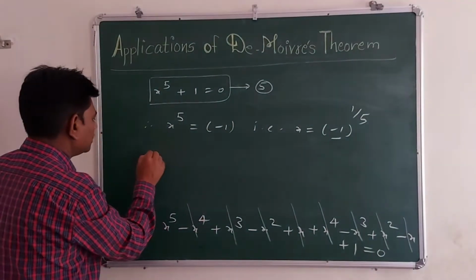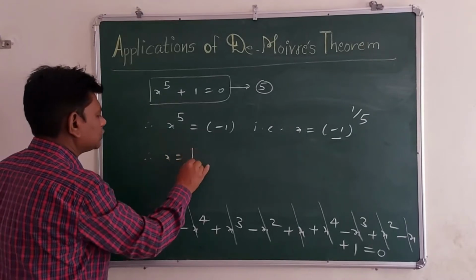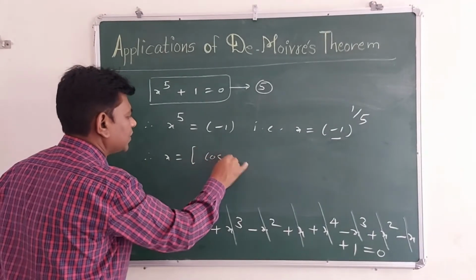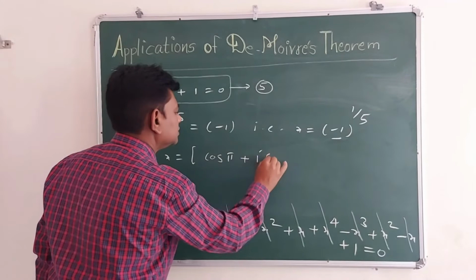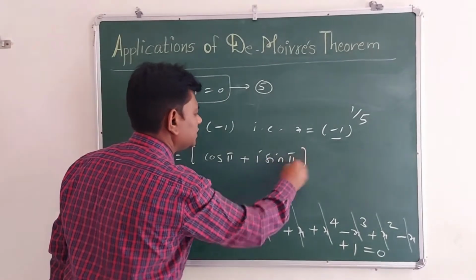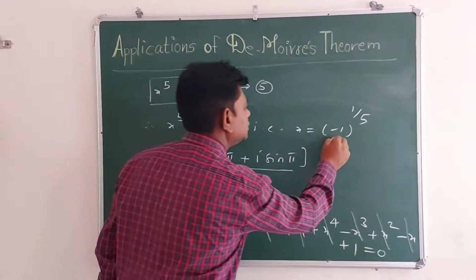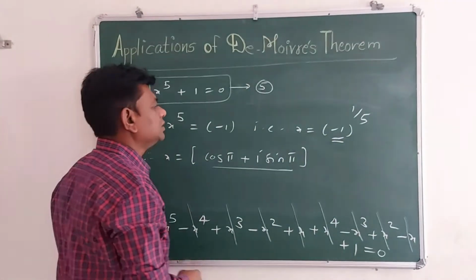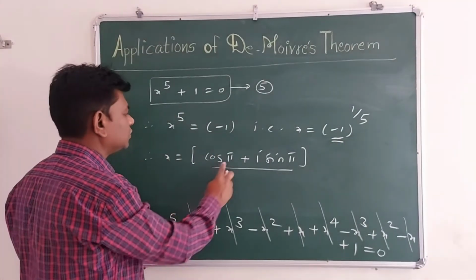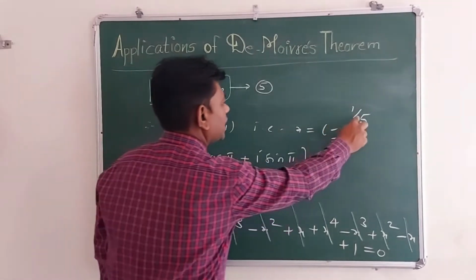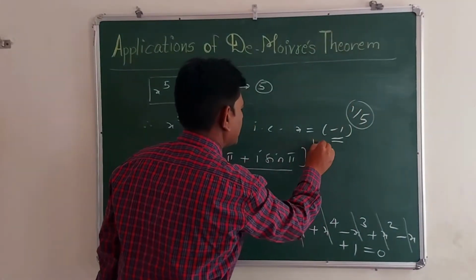So therefore this x is equal to, now this cos pi be the minus 1 and this sin pi be the 0. So therefore this cos pi plus i sin pi is equal to minus 1. So therefore x is equal to cos pi plus i sin pi to the power 1 by 5.